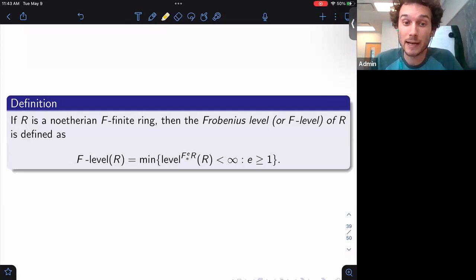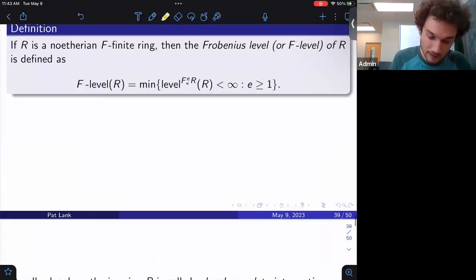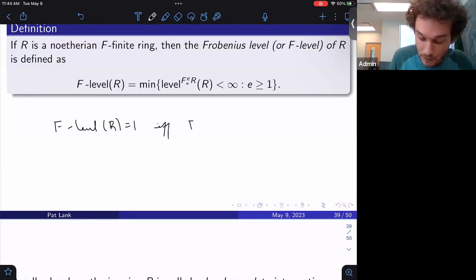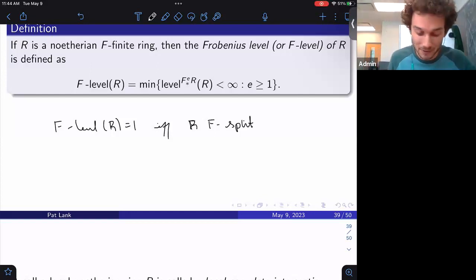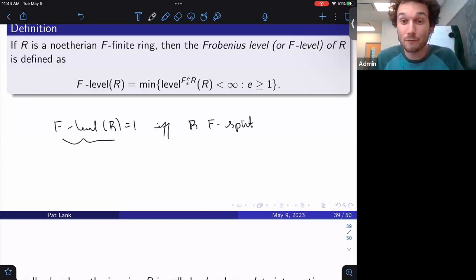The idea is that F level of R equal to 1 is the same thing as R being F split, which is interesting because in some sense, this measures the failure for the ring to be F split.